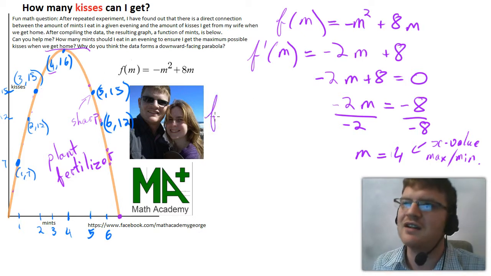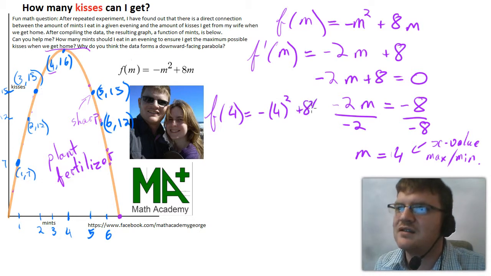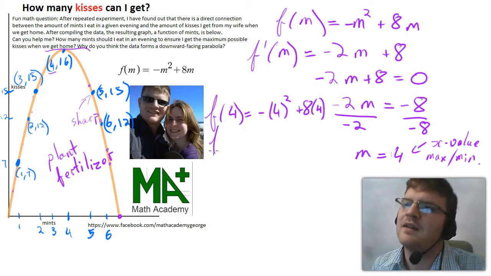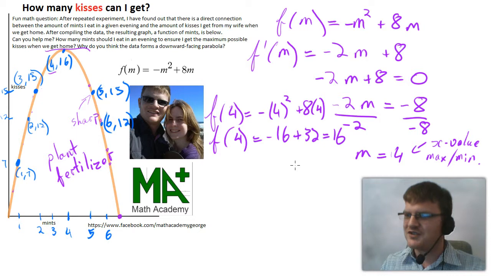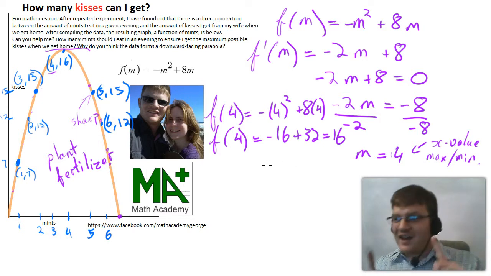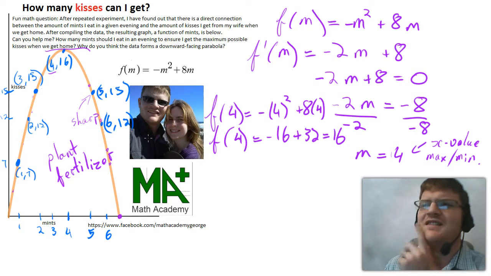If we were using calculus, then you would simply use the function of m, function of 4 again, which is negative 4 squared plus 8 times 4. So this is negative 16 plus 32, which will give me positive 16. So I must have 4 mints and I will get 16 kisses.